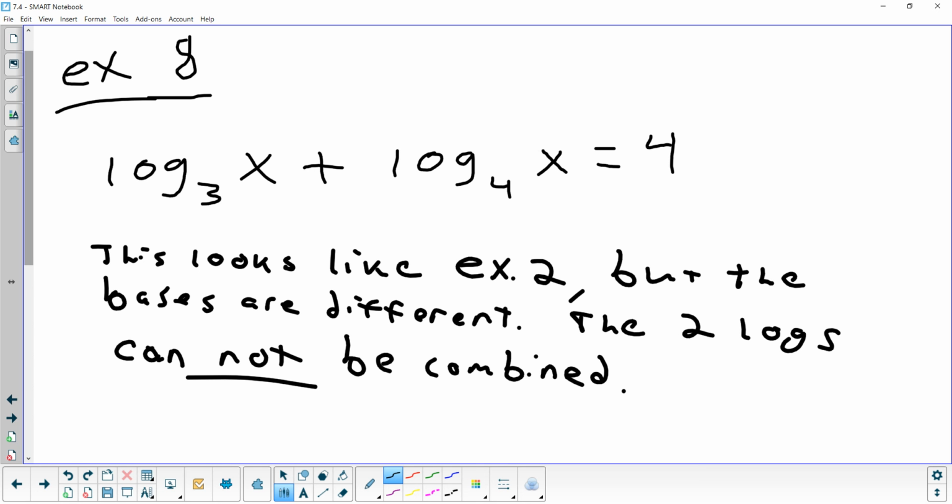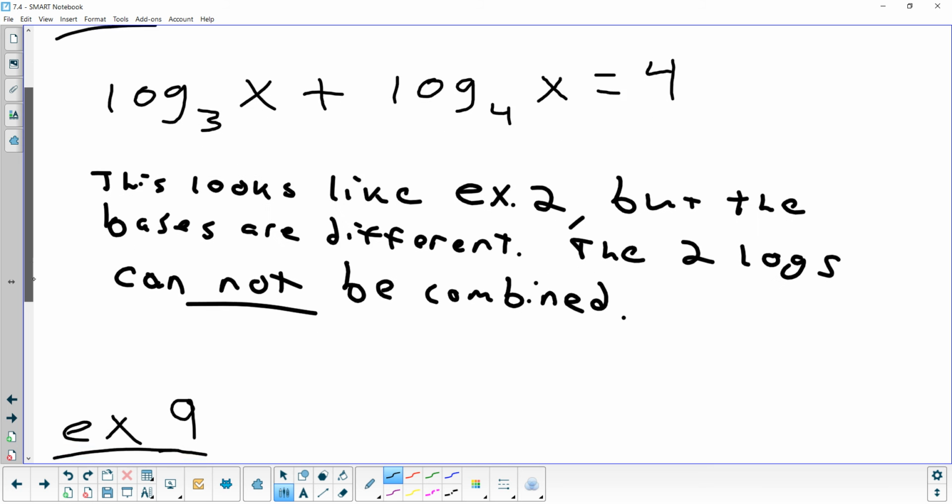Is it still solvable? Oh yeah, we can definitely still solve it. But it's just not something we're going to focus on. Questions why you can't combine the logs together? Yes? Do you think you could briefly cover how you would be able to solve it? I'll show you the first step.